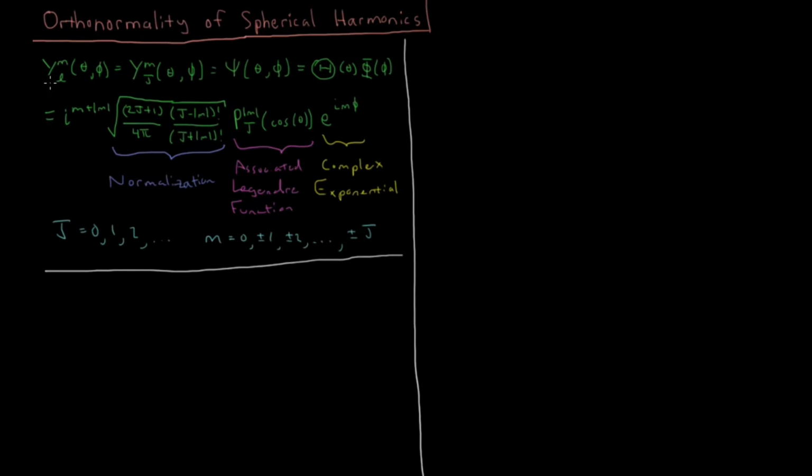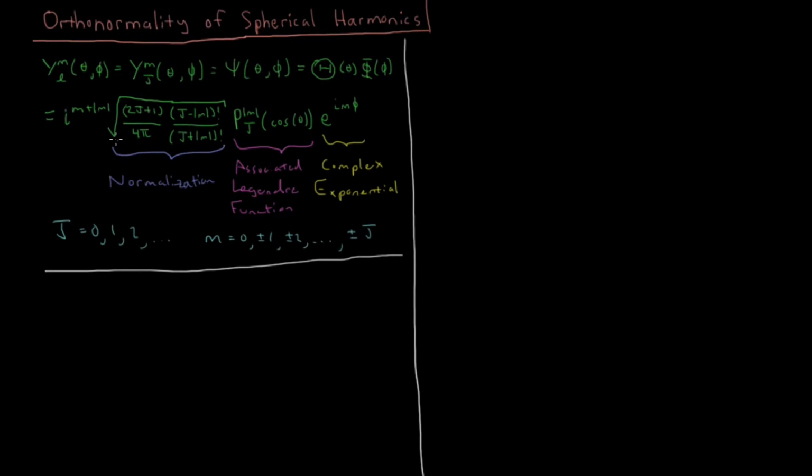So for our spherical harmonics, we have Y_l^m or Y_j^m of theta and phi. Some people say L, some people say j. It's the same thing. It is our wave function, which is a function of theta and phi in spherical polar coordinates, and that can be separated into a function of theta and a function of phi.